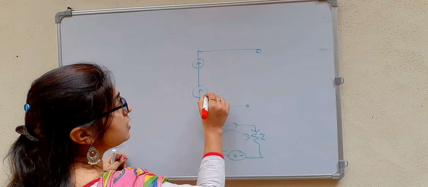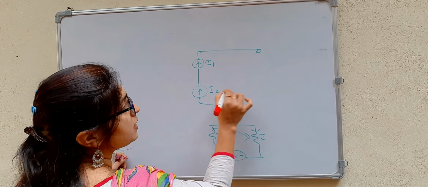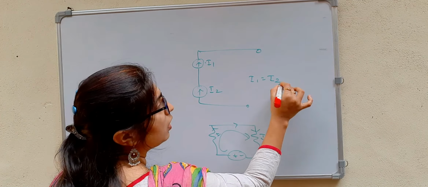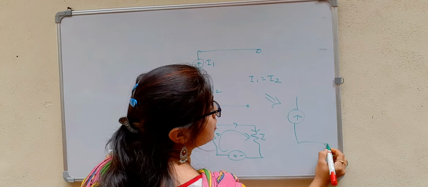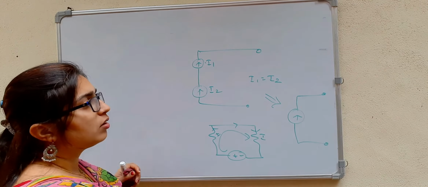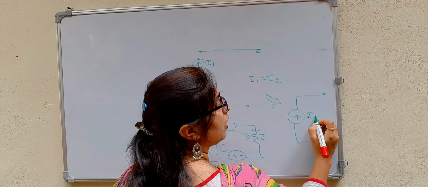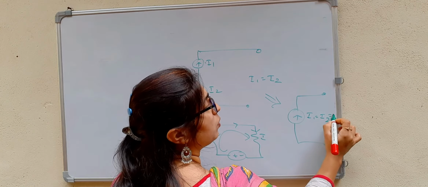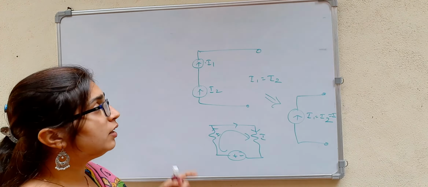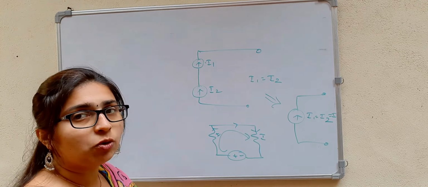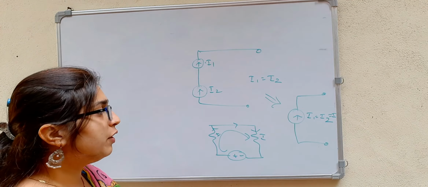So this and this value should be the same: I1 should be equal to I2. So the equivalent source can be written with I1 equal to I2, equal to I. It should have the same current rating, but it can have the same voltage rating or different voltage ratings.